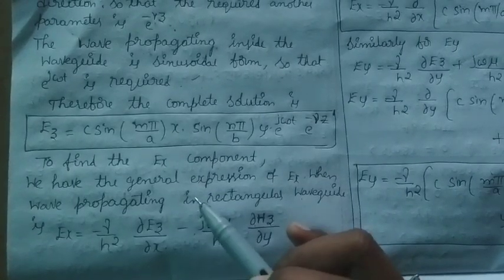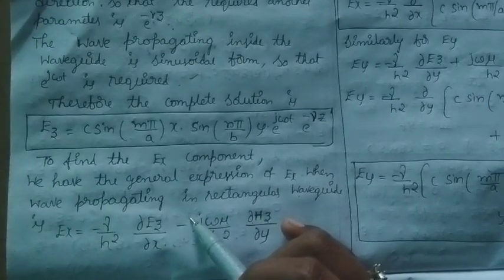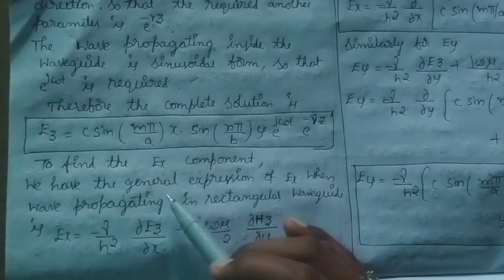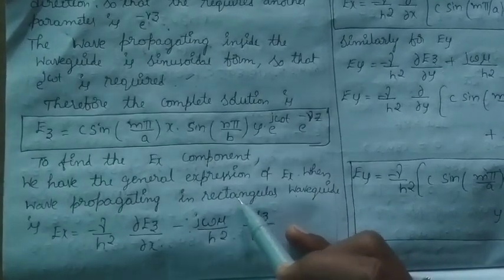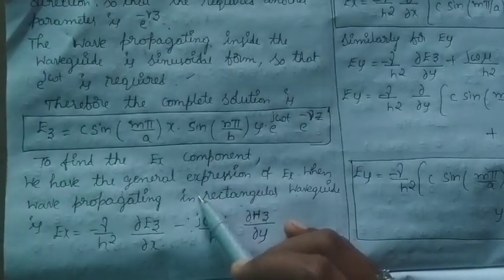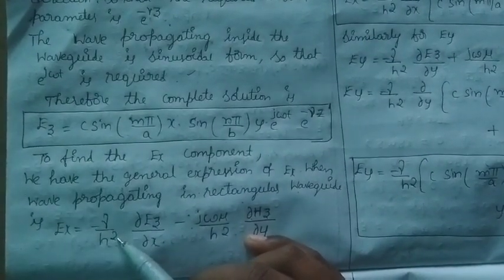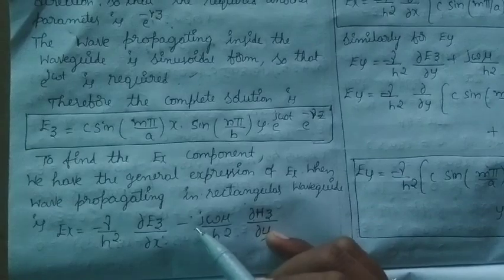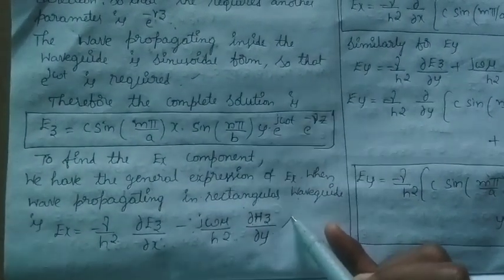I already explained this in the propagation of waves in rectangular waveguide, where we derived the general expression of Ex. Depending on that expression, we have written that Ex = -γ/h² ∂Ez/∂x - jωμ/h² ∂Hz/∂y.